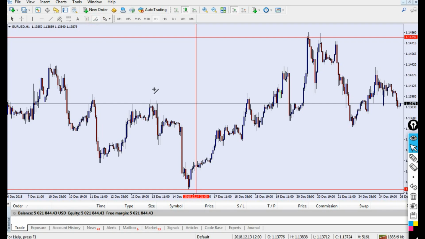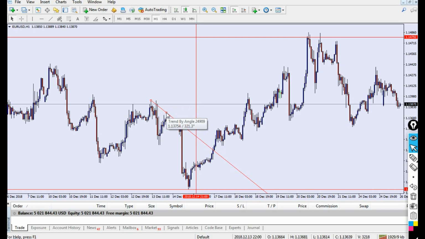trend angle lines. Let's suppose I place a trend angle line from here to down, right? So I take this here and then I place my trend angle. Same situation, just like a trend line, I stretch this to the point from here.